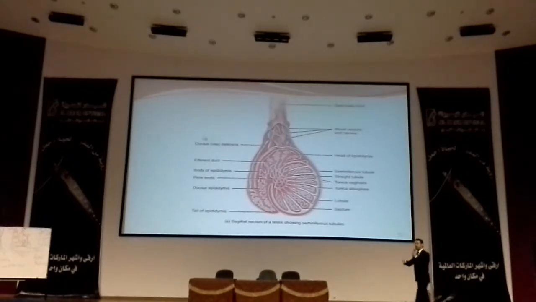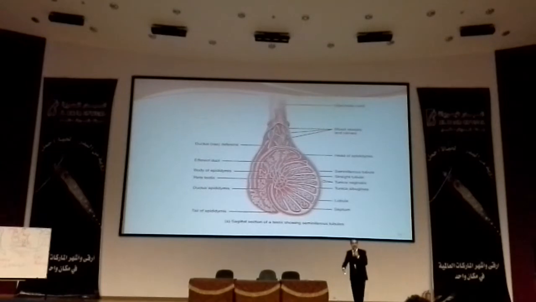Again, if you want to add information, one of these branches of the lumbar plexus is called what? Genitofemoral. That means a genital branch and a femoral branch. The femoral branch supplies some skin in the thigh. But what about the genital branch?